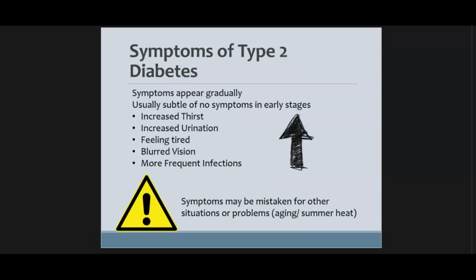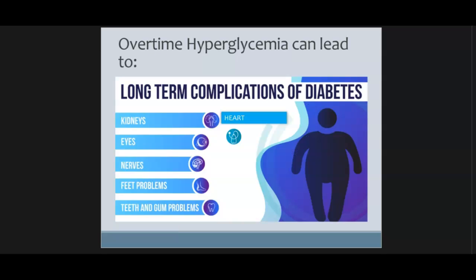So symptoms, again, we have polydipsia, polyuria, feeling tired, blurred vision, and then infections. Patients who have diabetes are more prone to various infections. Symptoms may be mistaken for other things as well, so sometimes, especially in early stages, it takes a while to get a definitive diagnosis.